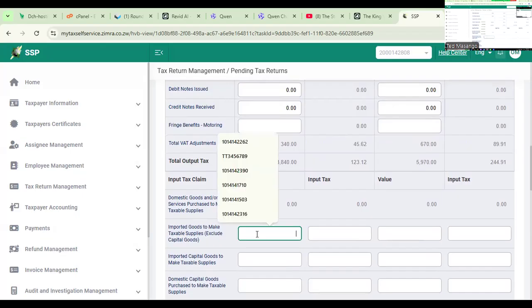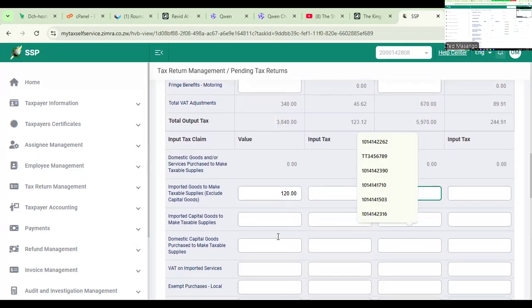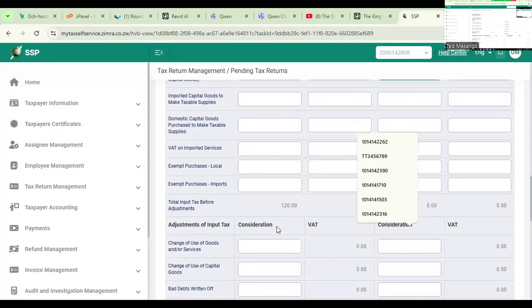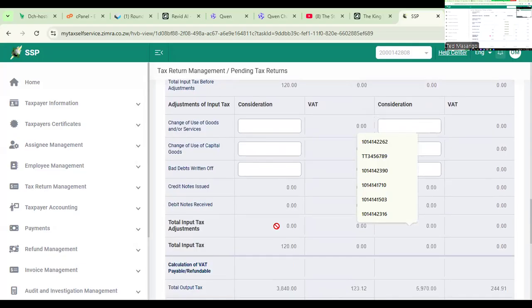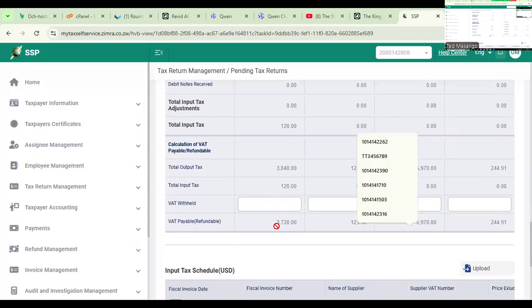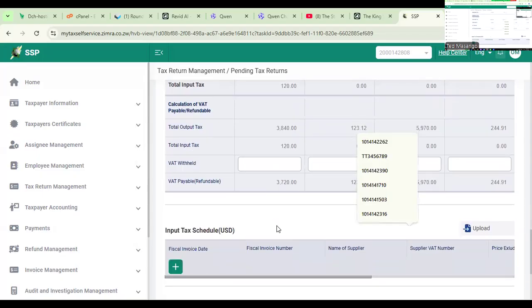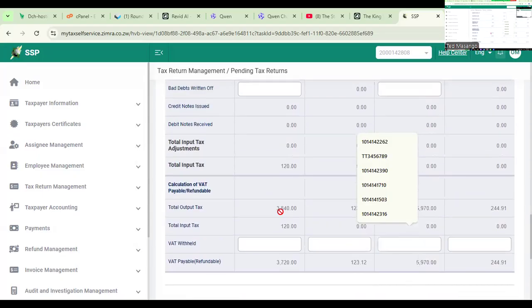Probably let me just put a figure there, like 120, and yes, let me just put that. So once I have that, what the system does now, it will compute.